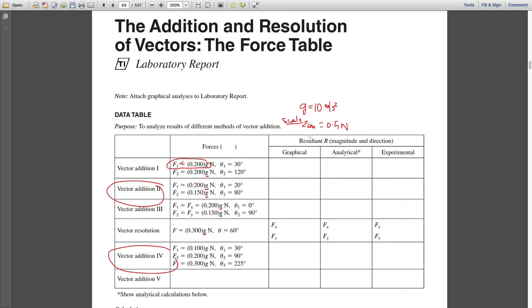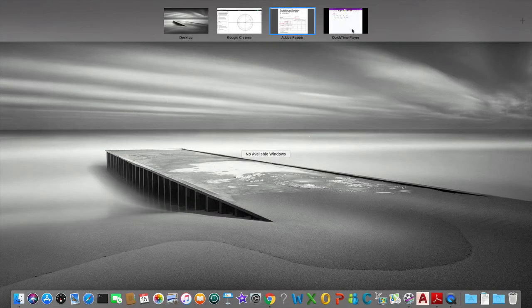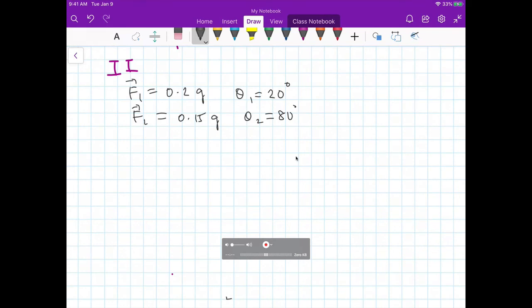And f2 is 0.15 g, and the angles are theta 1 is 20 degrees and theta 2 is 80 degrees. Okay, so let's switch to the whiteboard. Then now your fourth one is 0.2 g. I already said it, use g as 10 meters per second squared.